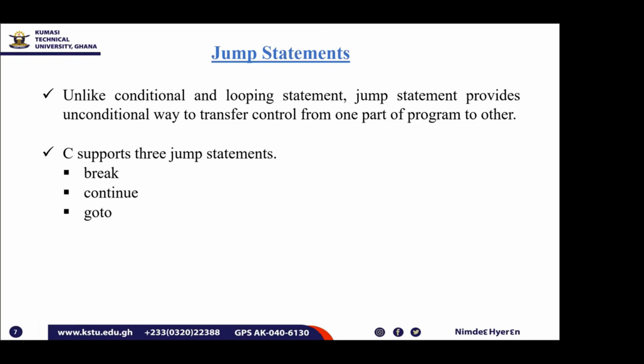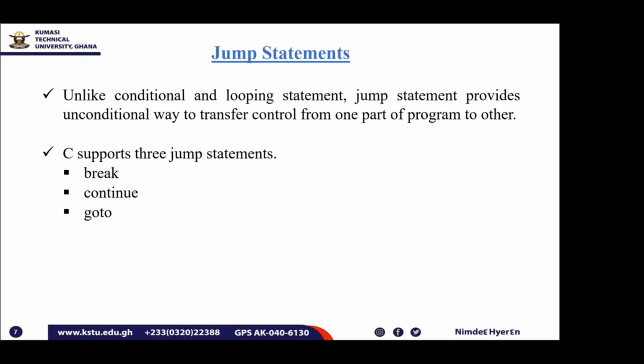And the decision statement is also termed as the conditional statement. Jump statements provide unconditional ways of transferring control from one part of the program to the other. And in C programming, there are 3 jump statements that we would look at.